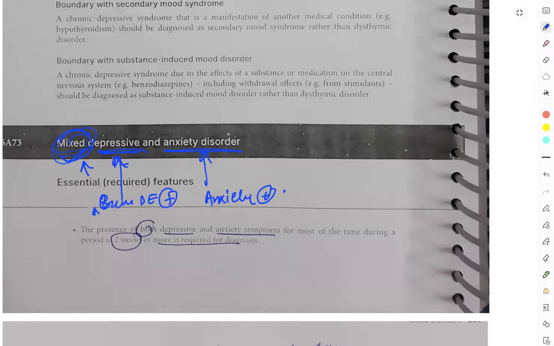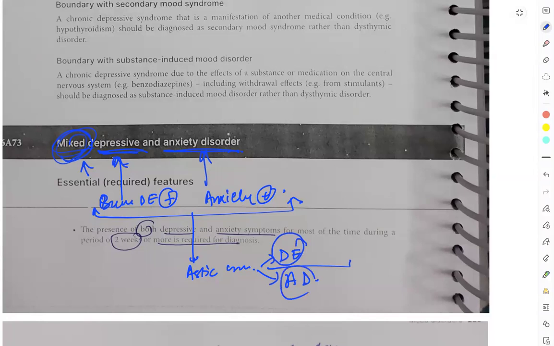But both of these symptoms are not enough to meet the diagnostic criteria of either a depressive episode or an anxiety disorder independently. So, symptoms of both depressive episode and anxiety disorder are present, but they are not severe enough in intensity, or the number of symptoms is not completely meeting the criteria for either a depressive episode or an anxiety disorder.